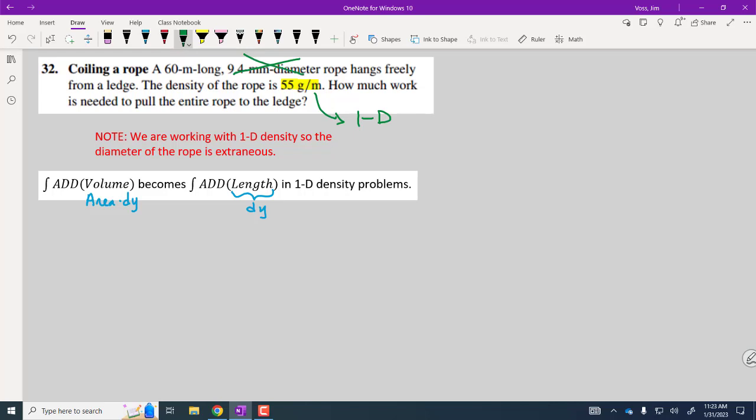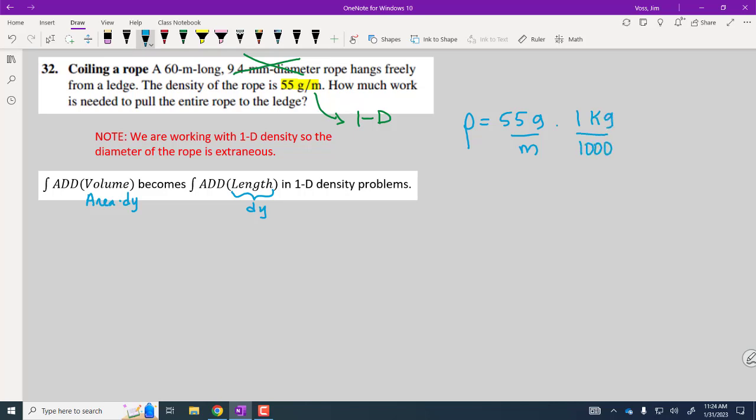Okay, so next, let's notice the units. The density is 55 grams per meter, but we want kilograms and meters together. If we were doing grams, we'd want centimeters, but we want newtons and joules, so we want that to be a kg. How many grams in a kg? 1,000.